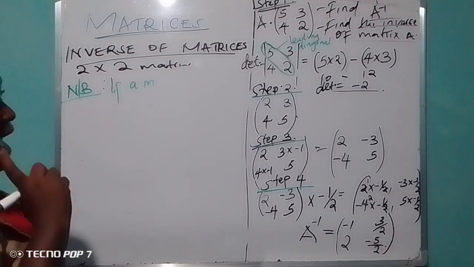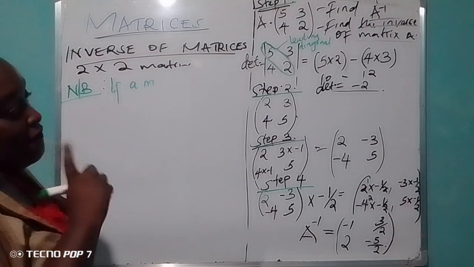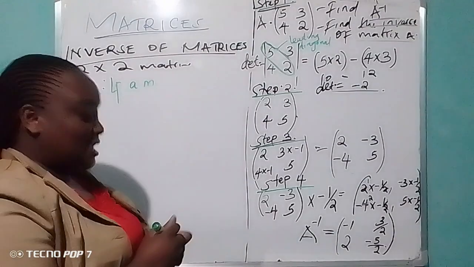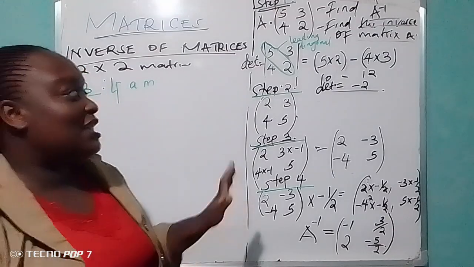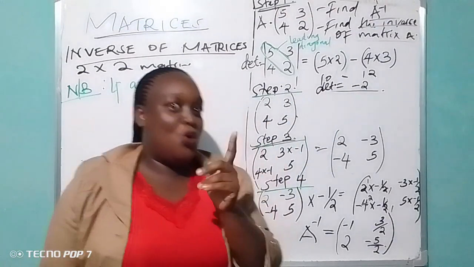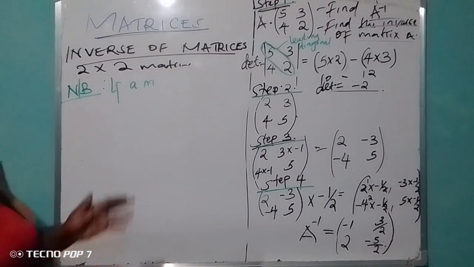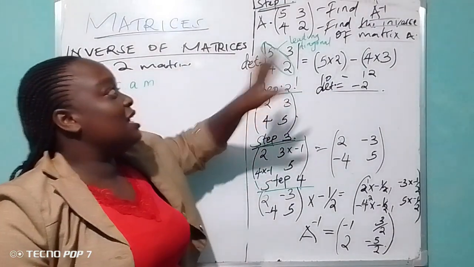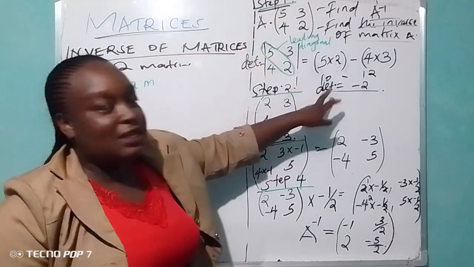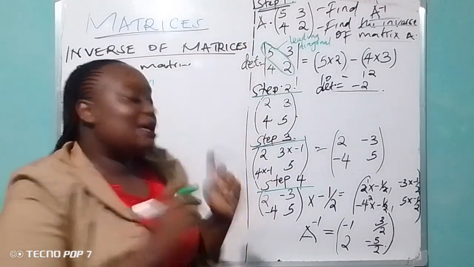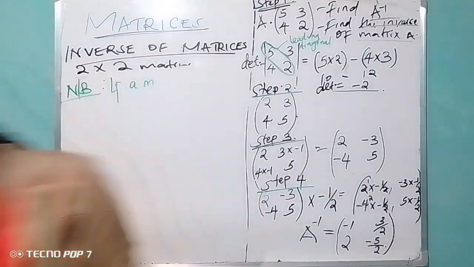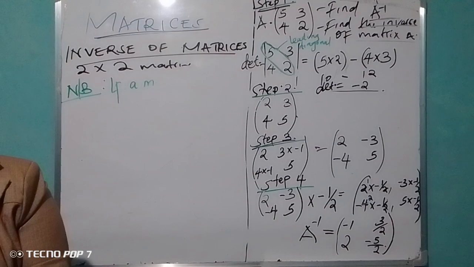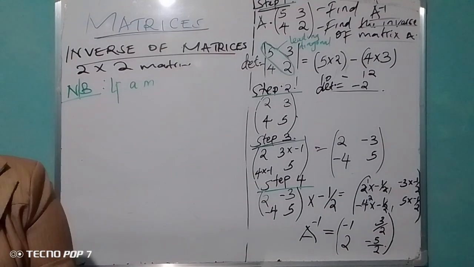If we find that for a particular matrix its determinant is 0, that matrix has no inverse. Tuseme we find that a matrix, when you are finding the determinant, unapata ni 0. Tunasema hiyo element haina inverse.